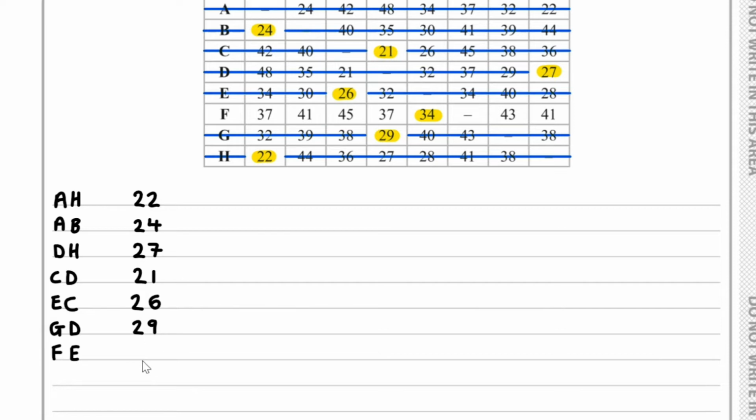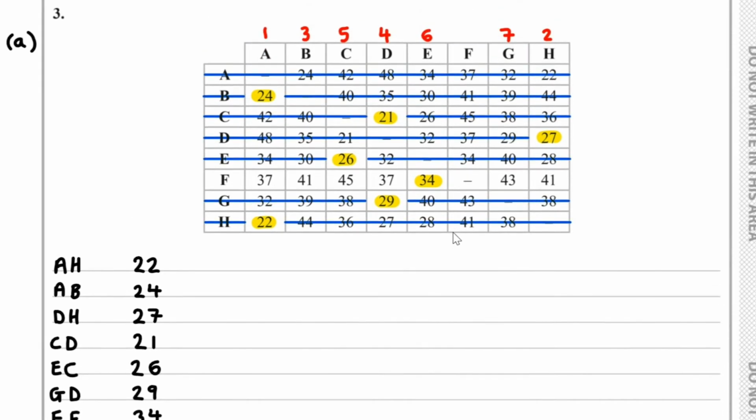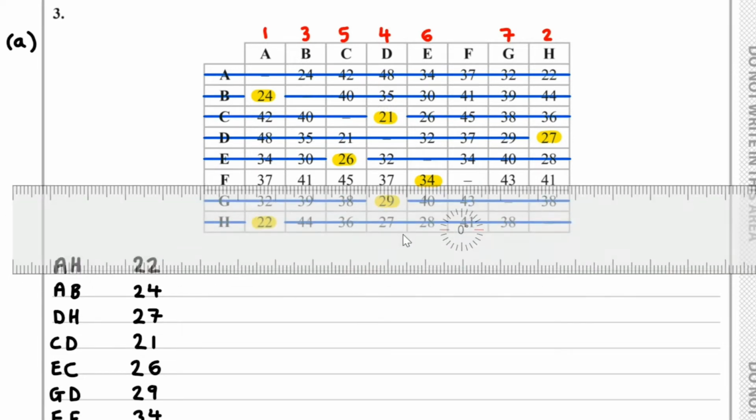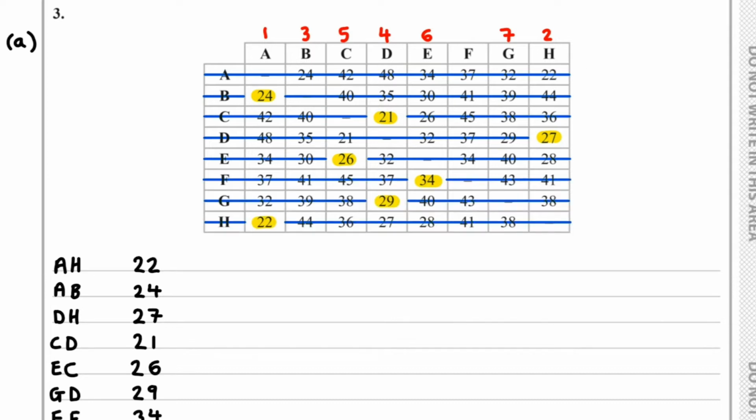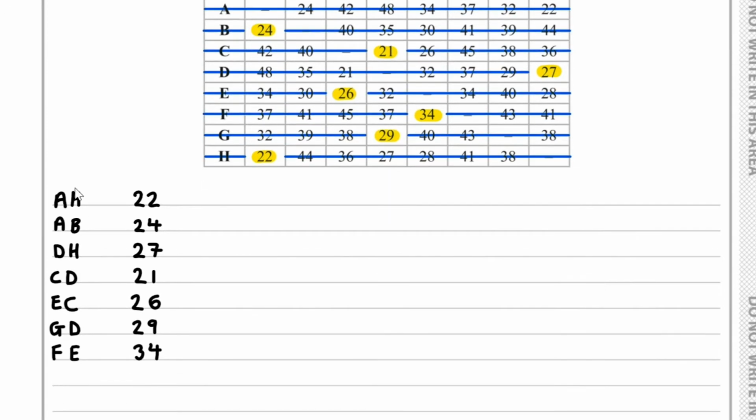FE has a weight of 34. We now delete row F and then assign a number 8 above column F. We have used Prim's algorithm. Here is the order in which we select our edges.